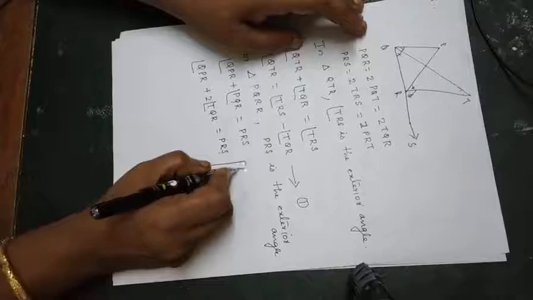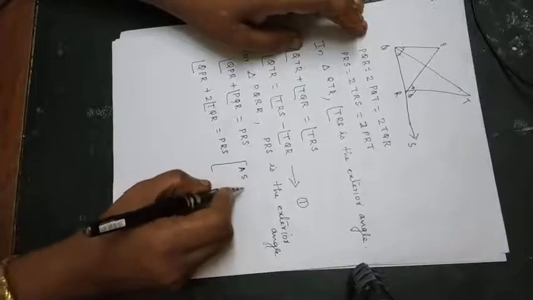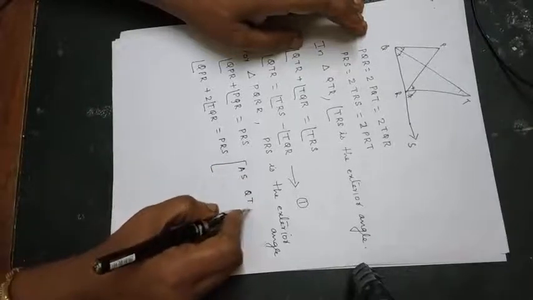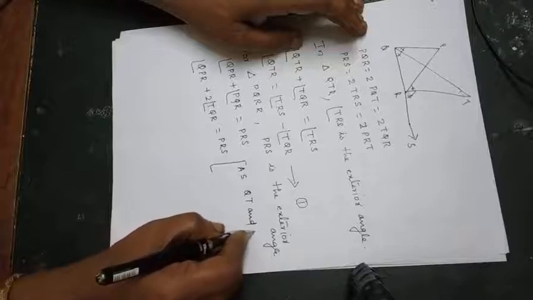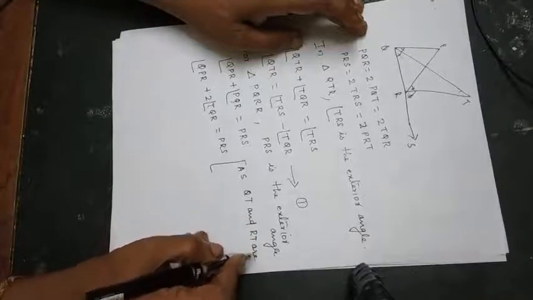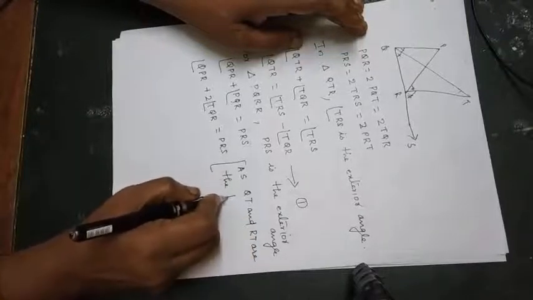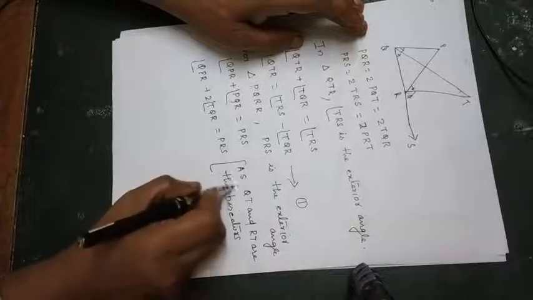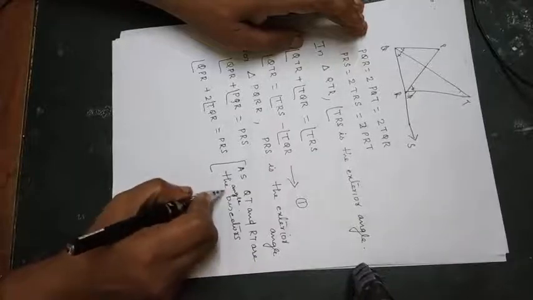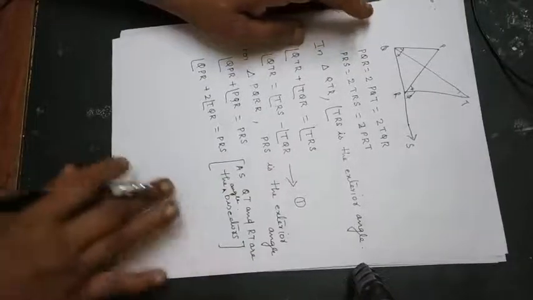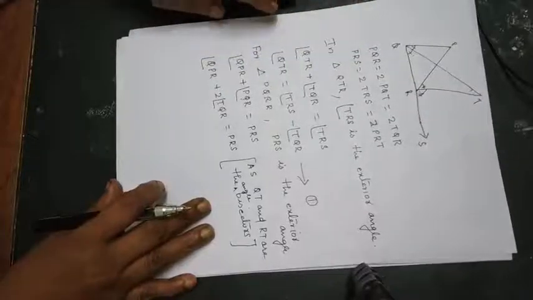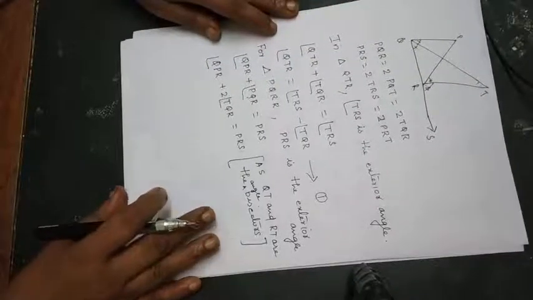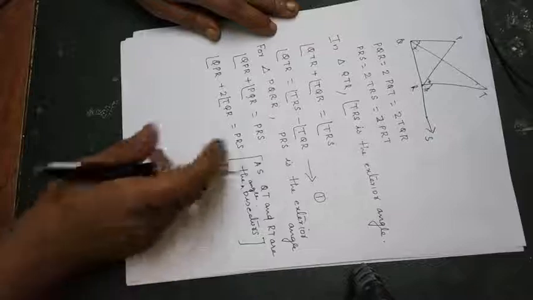As QT and RT are the angle bisectors, QPR plus 2 TQR is equal to PRS.